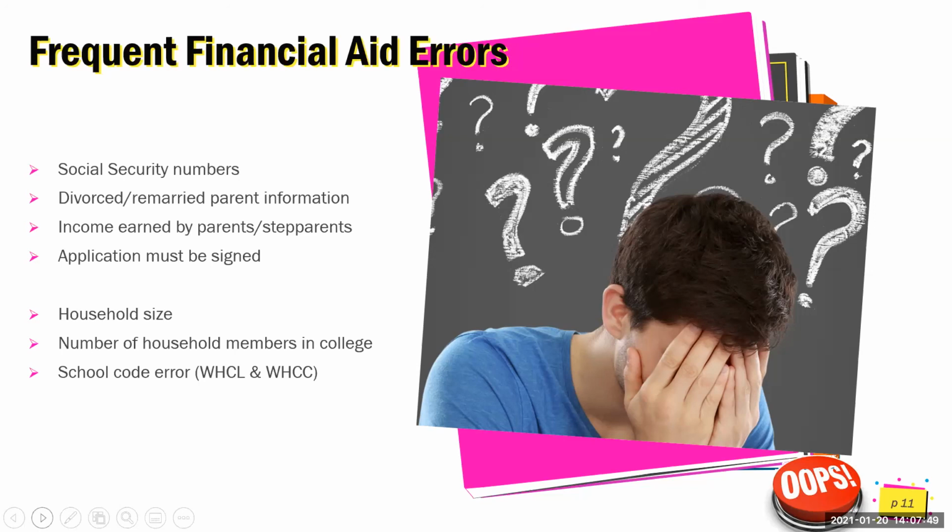You cannot list them both, or else your application will get stuck in the system and not come through. So it's either Coalinga or Lemoore. Usually, students choose where they take most of their classes, or the financial aid office that they want to work with. Okay, so just something to think about when you're filling out your application.